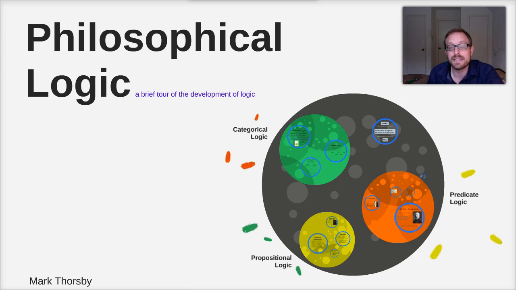Because ultimately, all of these logical systems that we've been learning about have been developed by philosophers who are attempting to resolve or explain certain philosophical problems that relate to logic.